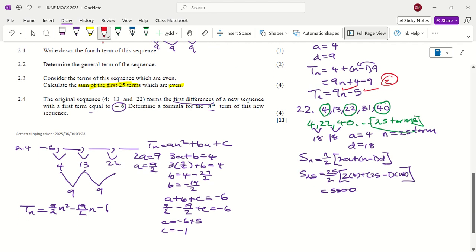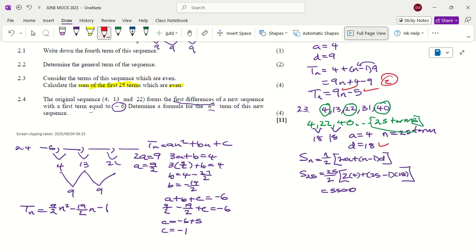And then this is 2.3. For 2.3, you are going to get 2 marks for the difference, 18.